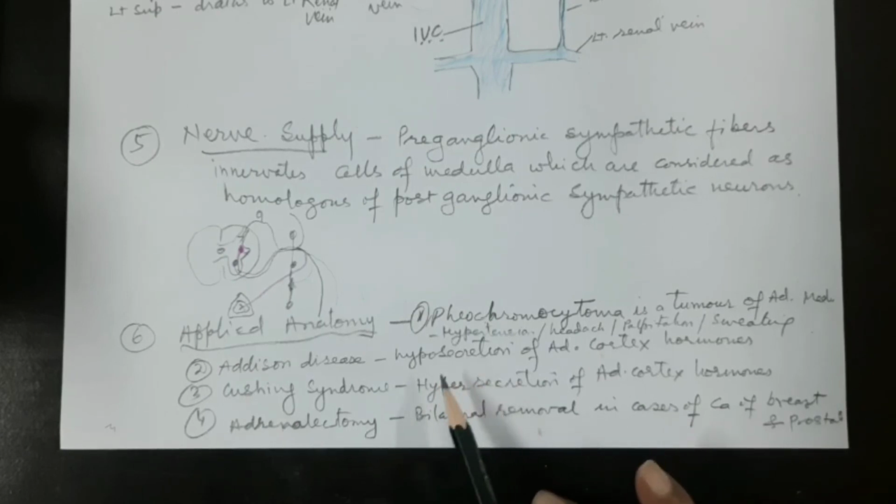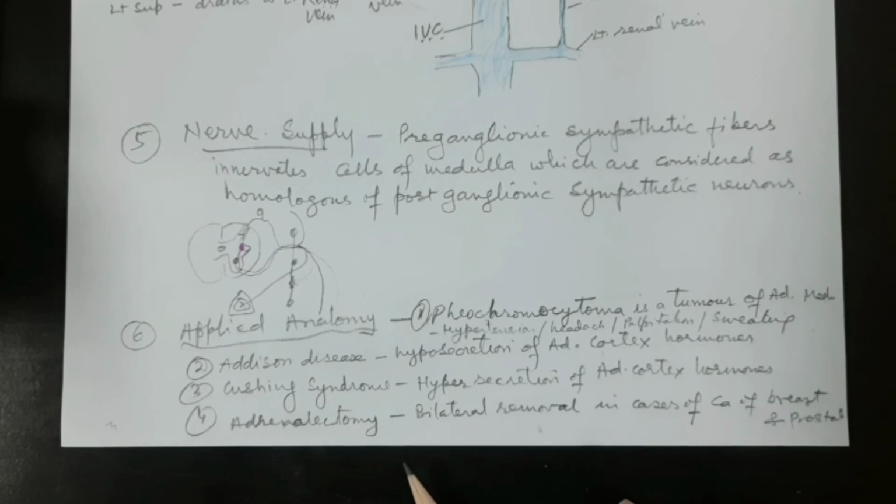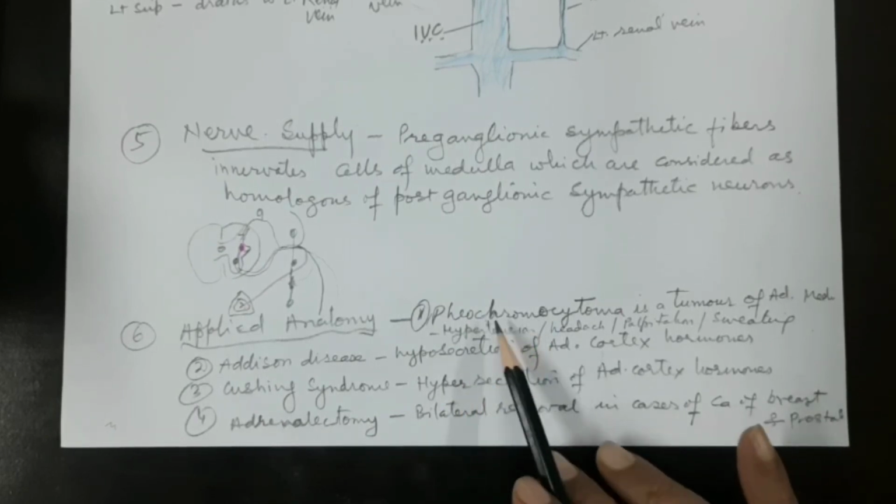Just opposite is Cushing syndrome, where the secretion of the adrenal cortex is hypersecretion, more secretion. So their effects will be different, which you can learn from physiology.